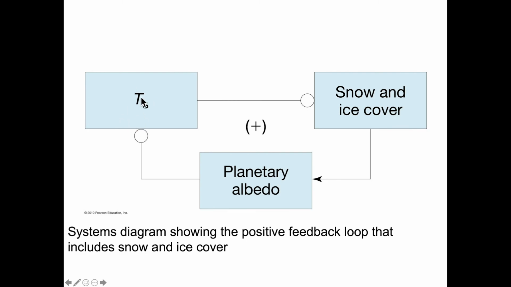Now, if we switch a couple of those parameters, we still have the surface temperature of the Earth here. If we increase the surface temperature of the Earth, we're going to decrease the snow and ice cover. That's what this means, an opposite effect. So the snow and ice cover are going to decrease. Snow and ice are white, generally, shiny, very reflective, and by removing that snow and ice, we're changing what's called the albedo.